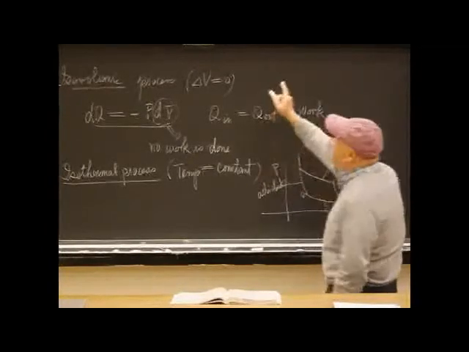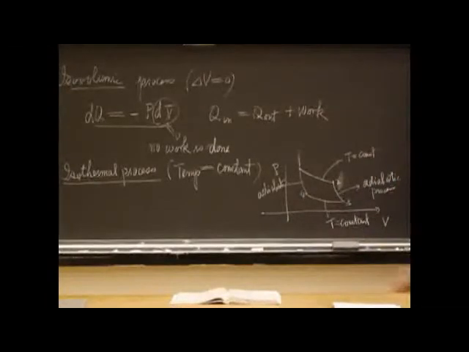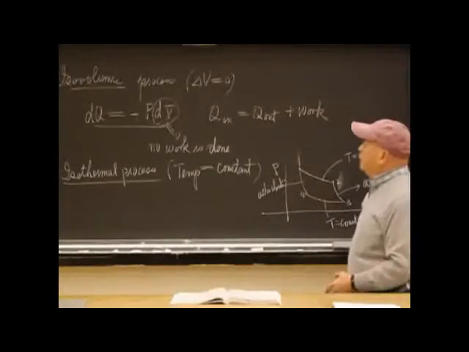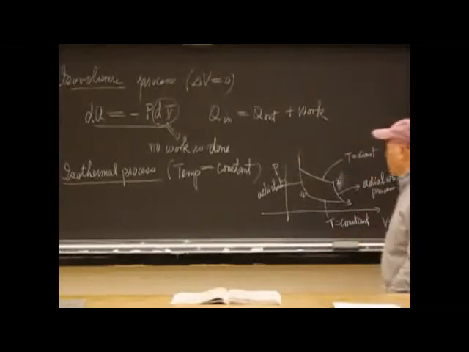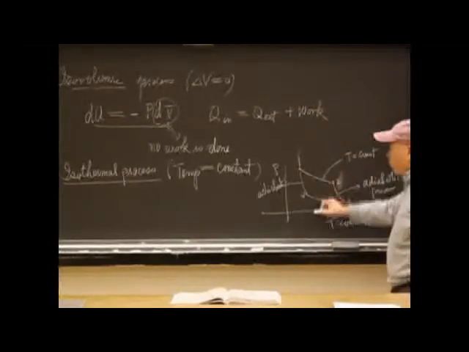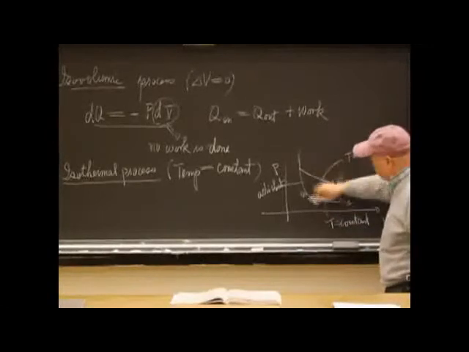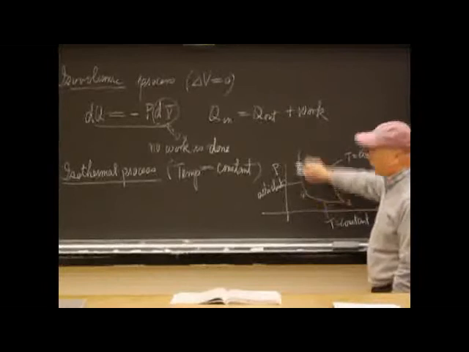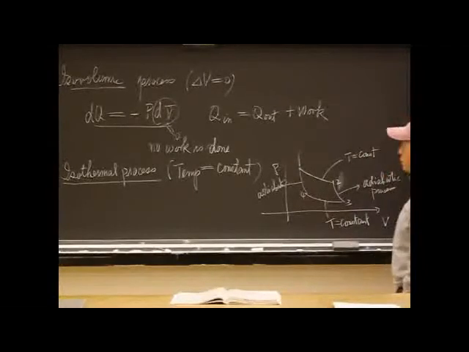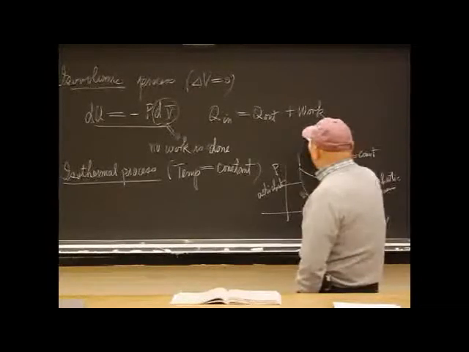So the most popular thermal processes are the adiabatic process and the isothermal process, and they are cycled together. Point 1 to point 2, point 3, point 4, and point 1. So this is the Carnot cycle.